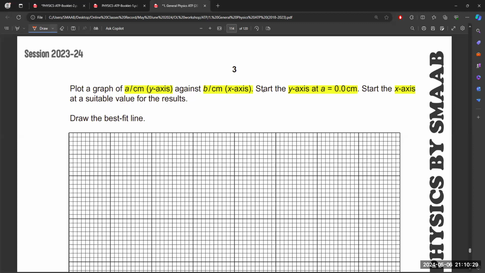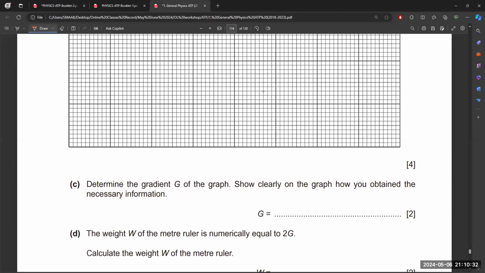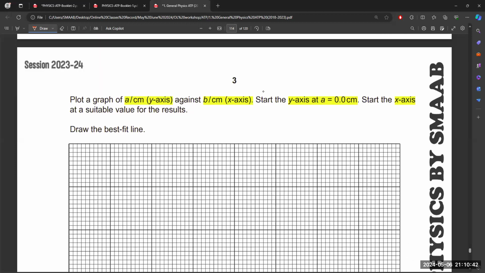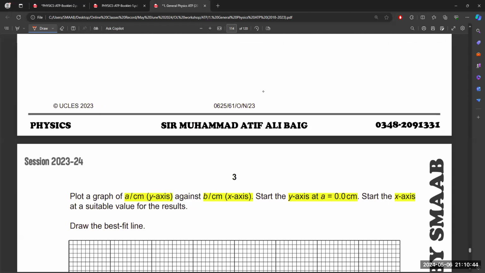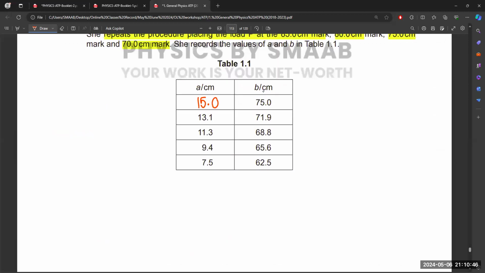So now again, you are getting 4 marks. We already discussed how to complete the graph for 4 marks. So on the y-axis, first of all, we have to start from 0. These values have to be plotted on the y-axis. The minimum value is 7.5, the maximum value is 15.